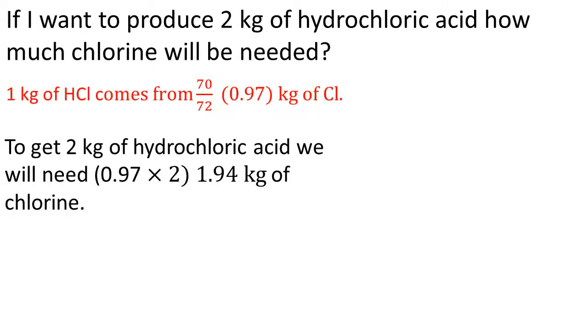Now the question didn't say 1 kilogram, it said if I wanted to produce 2 kilograms. So if 1 kilogram comes from 0.97 of chlorine, then to get 2 you just have to multiply 0.97 by 2, and that gives us 1.94 kilograms of chlorine.